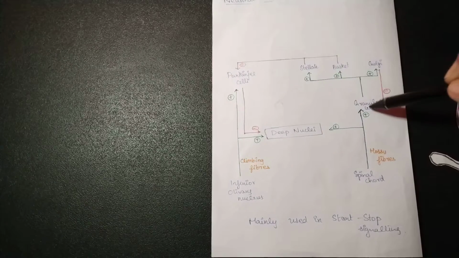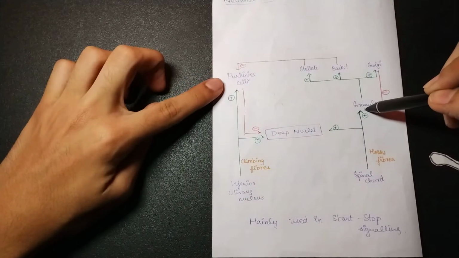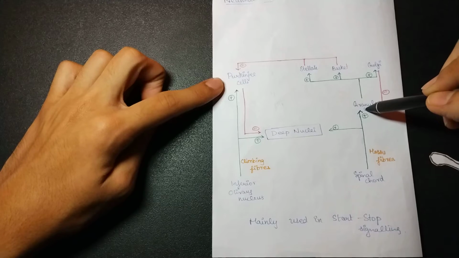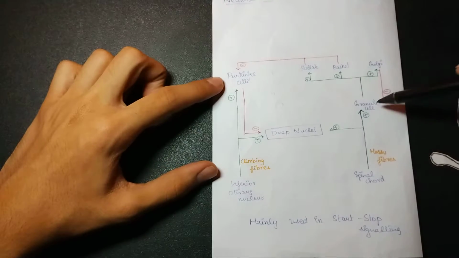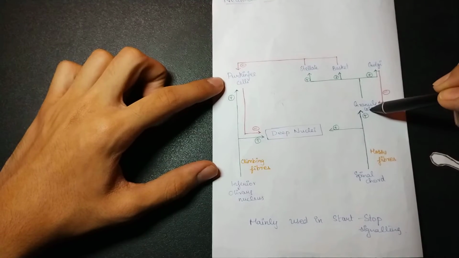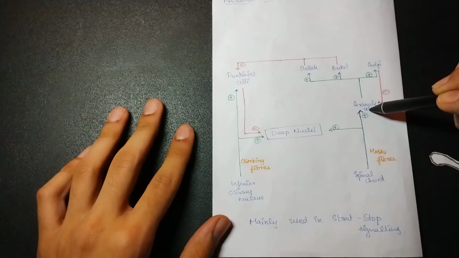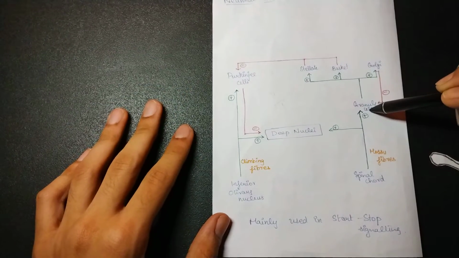So the granule cells inhibiting the Purkinje cells is an example of feed forward inhibition, whereas the Golgi cells inhibiting the granule cells is a type of feedback inhibition.